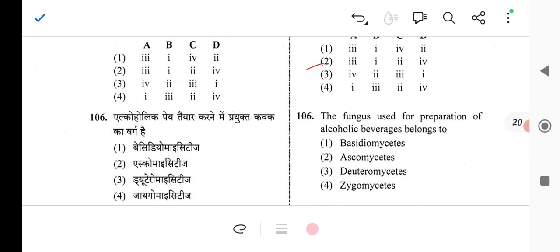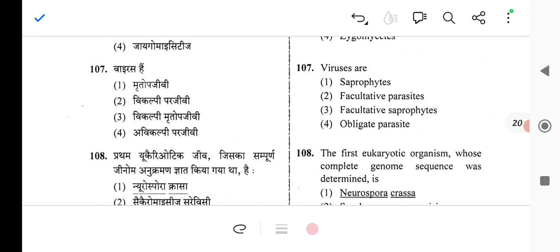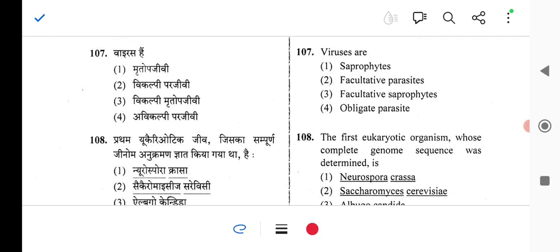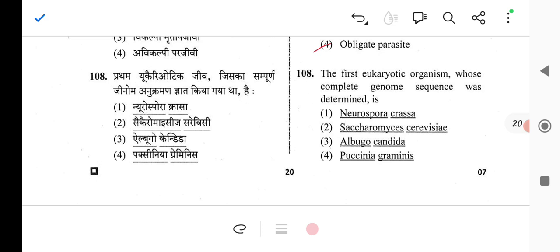The fungus used for preparation of alcoholic beverages is Ascomycetes. Viruses are obligate parasites, compulsorily parasites, not beneficial at all. Next is the first eukaryotic organism whose genome is completely sequenced. It is Saccharomyces, yeast.